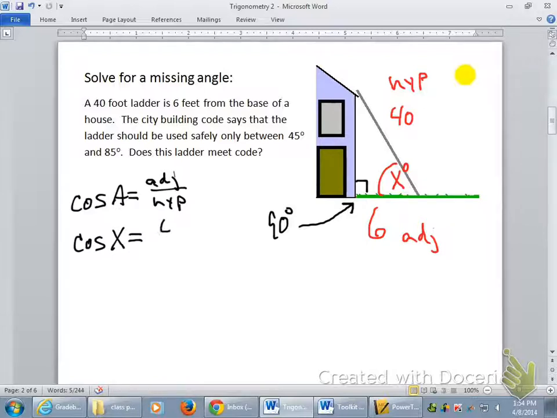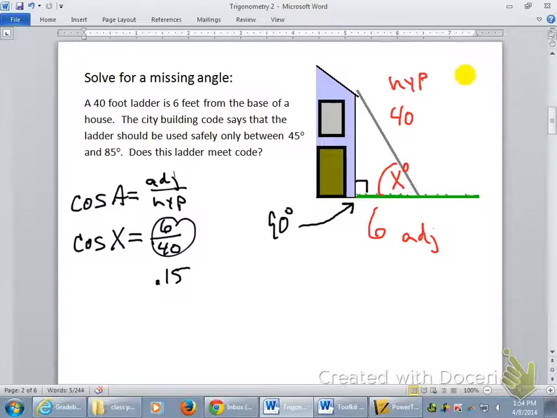My adjacent side is 6, and my hypotenuse is 40. Now, this should be just like last night's, right? It's the angle that I'm missing. So we can find the ratio of 6 divided by 40. You can actually put that in your calculator, find the decimal, right? It's 0.15. Okay, so if you want to, you could change it to 0.15, or you could just leave it as 6 over 40.